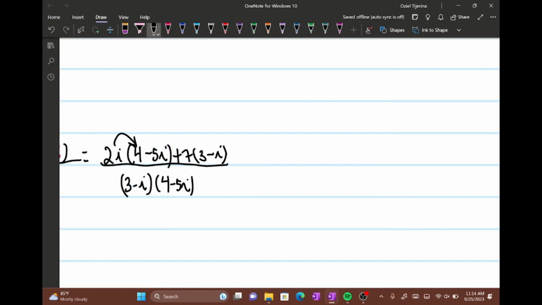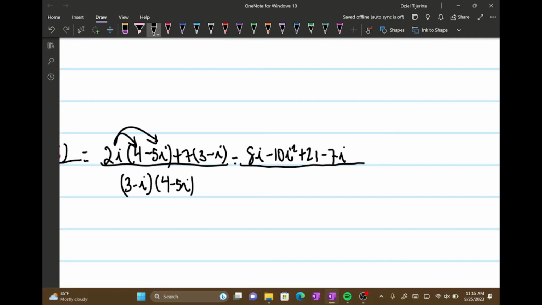Now, the next thing we're going to do is simplify this expression. We can take off the color coding. So we're going to distribute: we have 8i minus 10i squared, plus 21 minus 7i, all over, and we're going to do the same thing with the bottom.